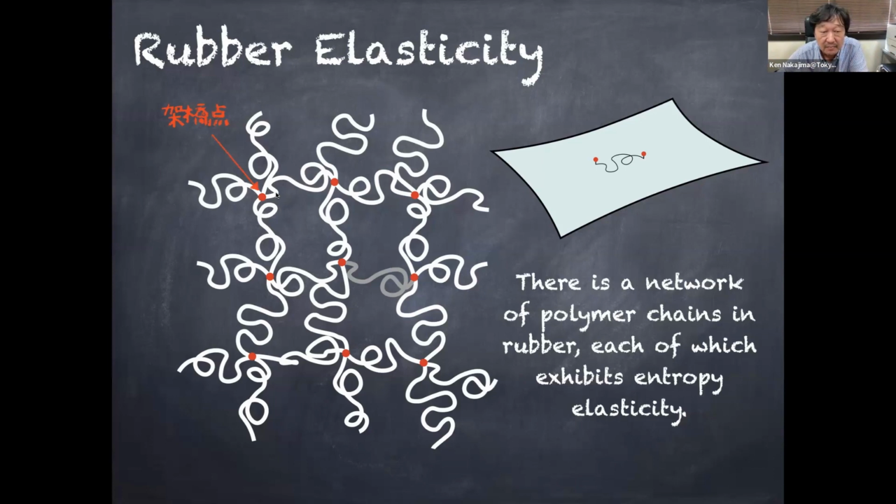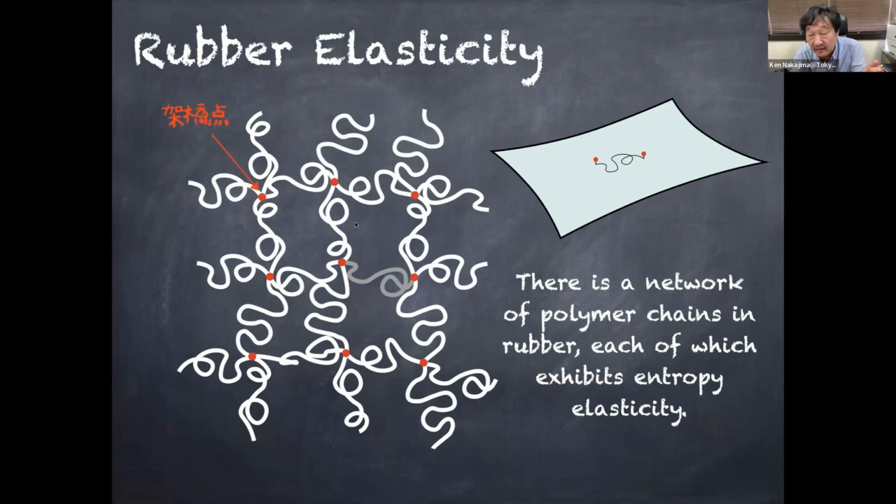Each polymer chain is cross-linked using some chemical stuff and forms, although this is two-dimensional, three-dimensional network-like structures. As we saw, even a single polymer chain can have elasticity.